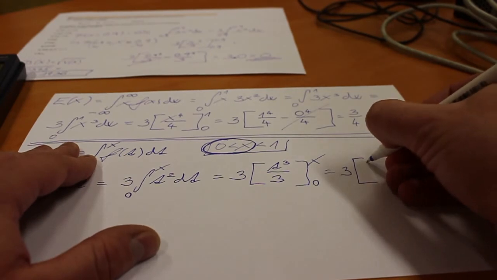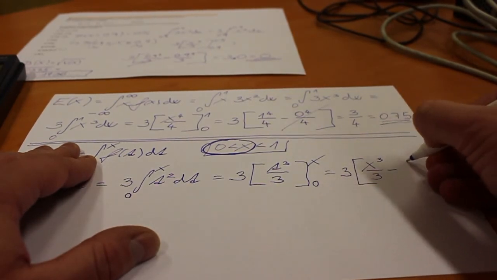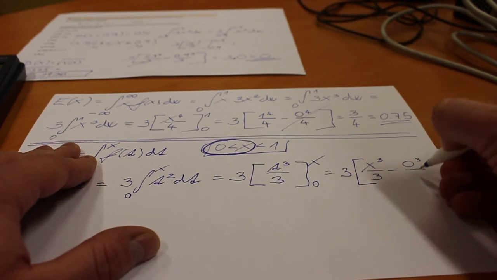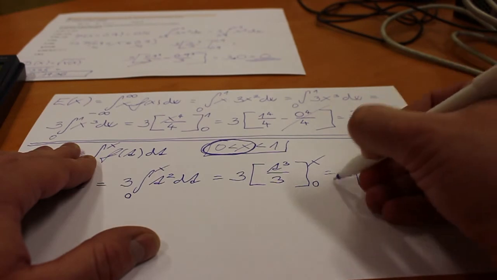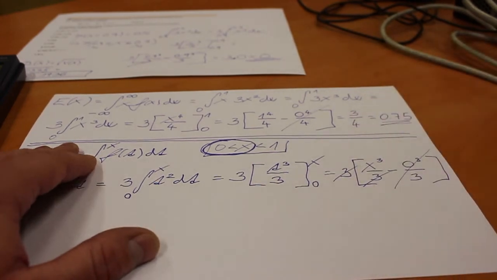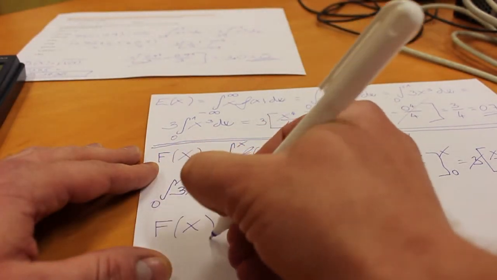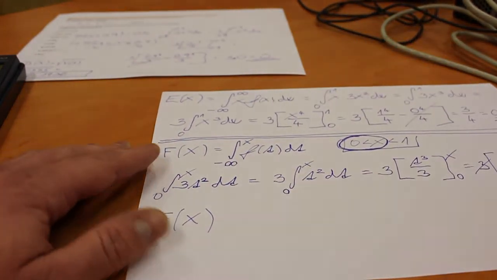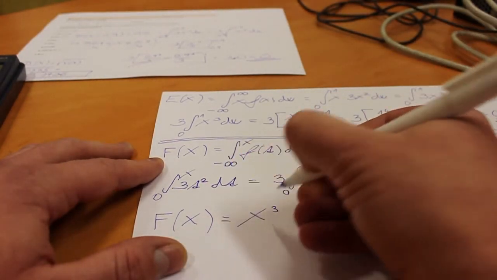So I have x to the power of 3 divided by 3 minus 0 to the power of 3 divided by 3. There is 0, and this 3 can be crossed with this 3. The result, the distribution function of the random variable x, is equal to x to the power of 3.